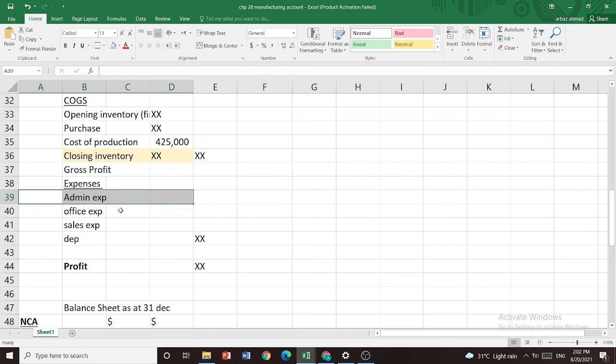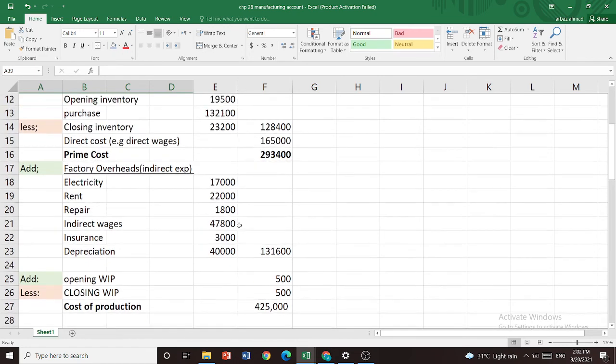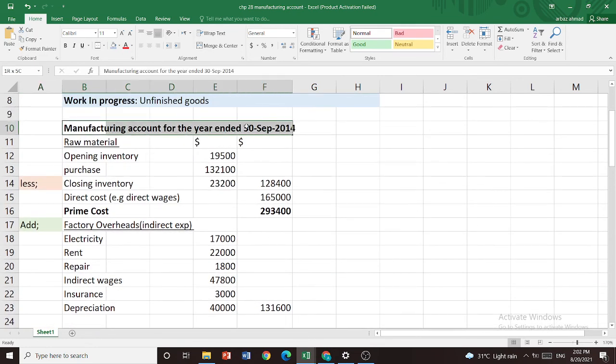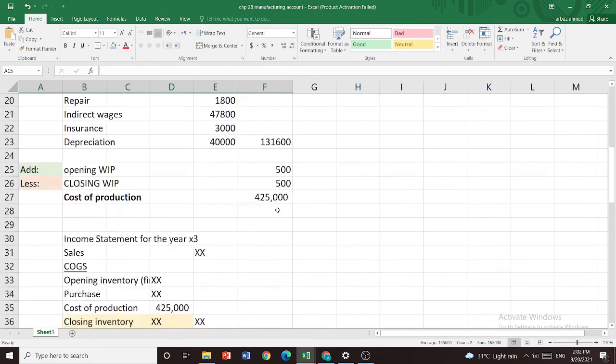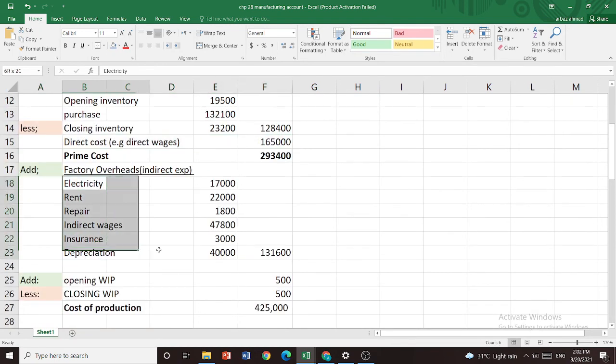For example, the first one is administration expense, which will go in the income statement. Cash at bank will go in the balance sheet. Capital, balance sheet. Direct wages will go in the manufacturing account in this section. Drawings, balance sheet. General expense, now we don't have general expense here.